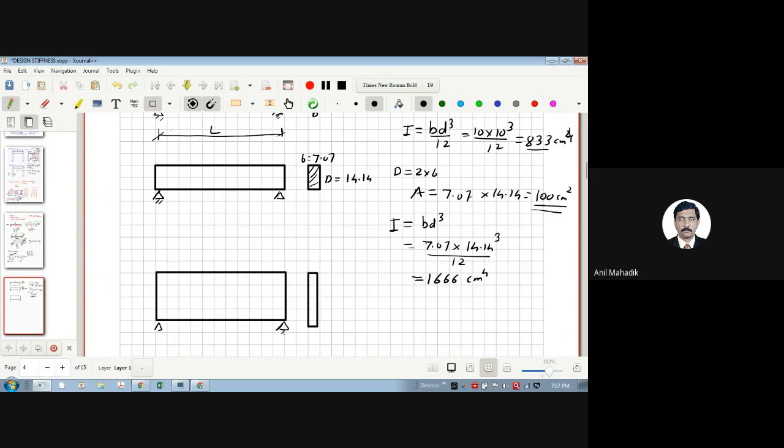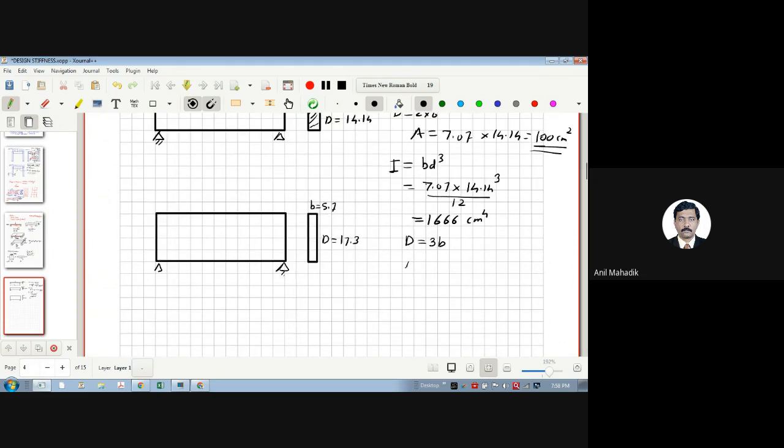So the width is, let's say, 5.7. This B is 5.7. And this depth is, let's say, 17.3. So now my D is 3 times B. Okay. The area is the same. If you multiply 5.7 into 17.3, it will be 100 cm square only.